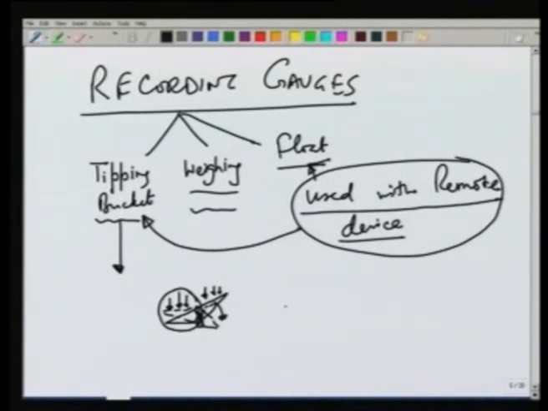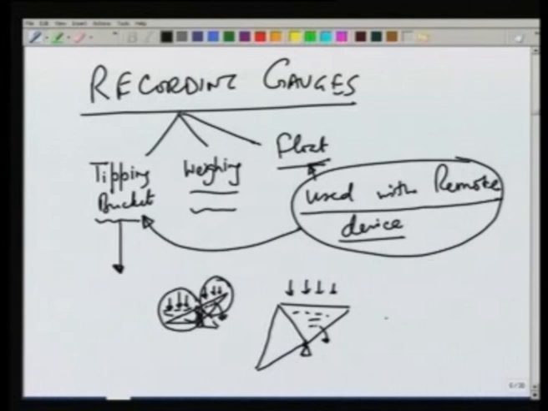So, on an average, there is some capacity of the bucket, which, if I draw a bigger figure. So, as soon as this bucket fills, it will trip, and that tipping will actuate some circuit, and it will record it on a graph paper.